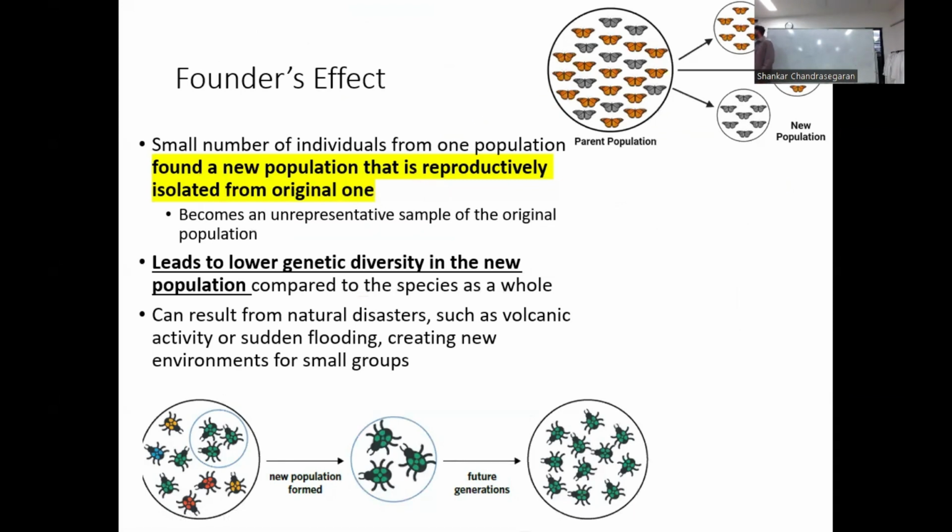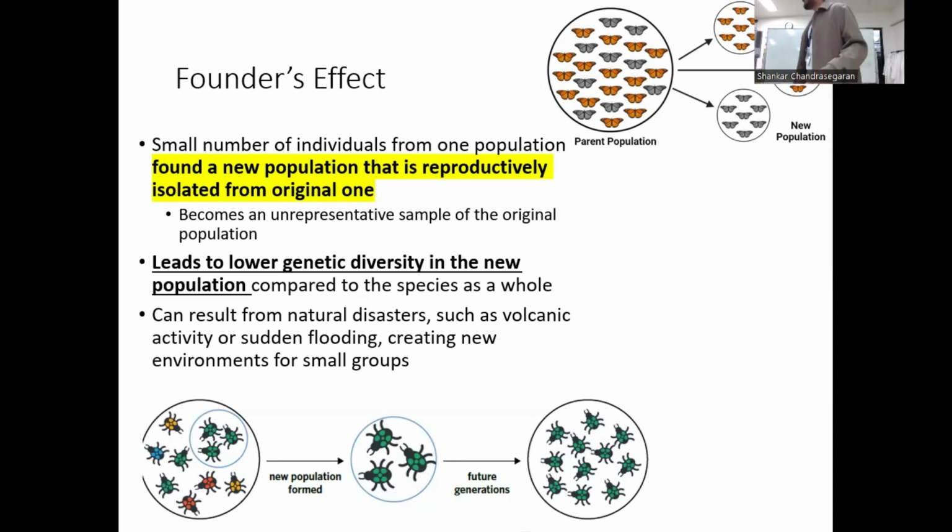This in turn creates unrepresentative samples of the original population. In the original population there were gray and orange butterflies, but in these 2 populations, due to the founder effect, they are losing one of the original colors that the populations had.